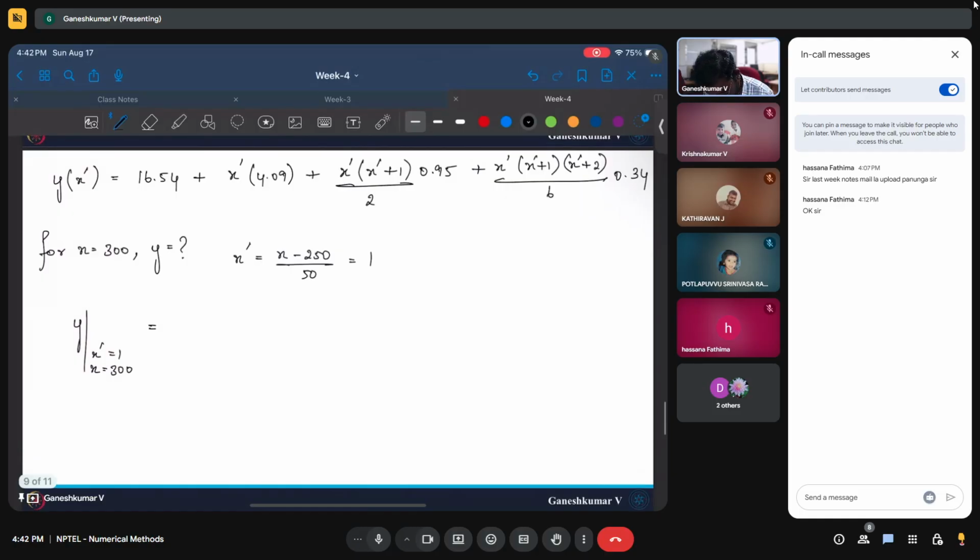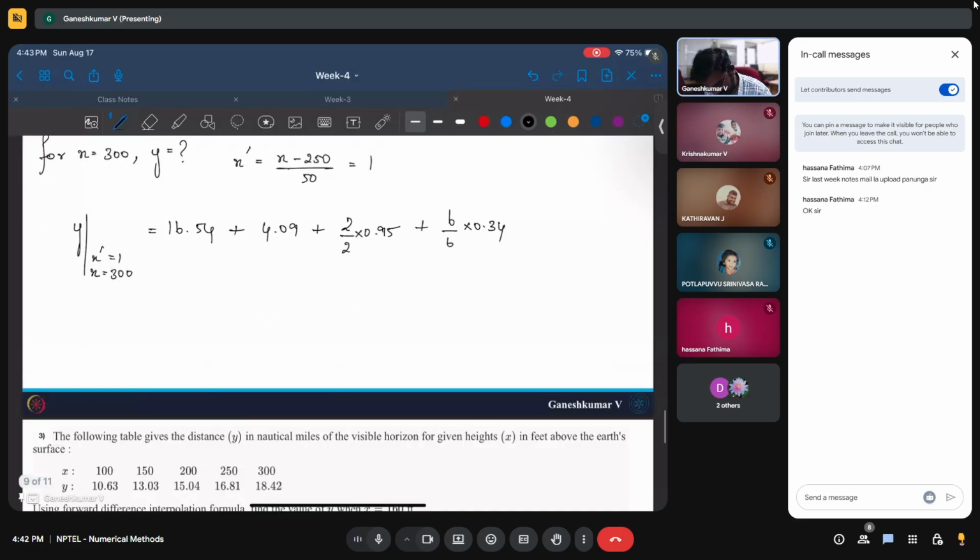Which is going to be 16.54 plus 4.09 plus 1 into 2 by 2 into 0.95, plus 1 into 2 into 3 by 6 into 0.34.